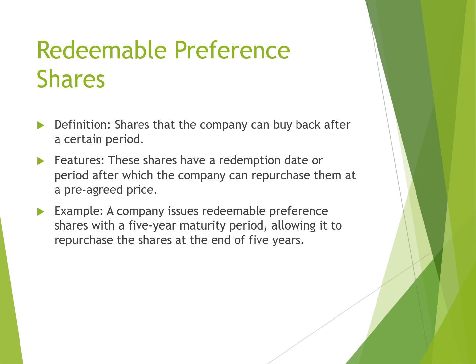Say a company issues redeemable preference shares with a 5-year maturity period. At the end of the 5 years, the company can repurchase the shares and shareholders in turn get the amount back along with the dividend.